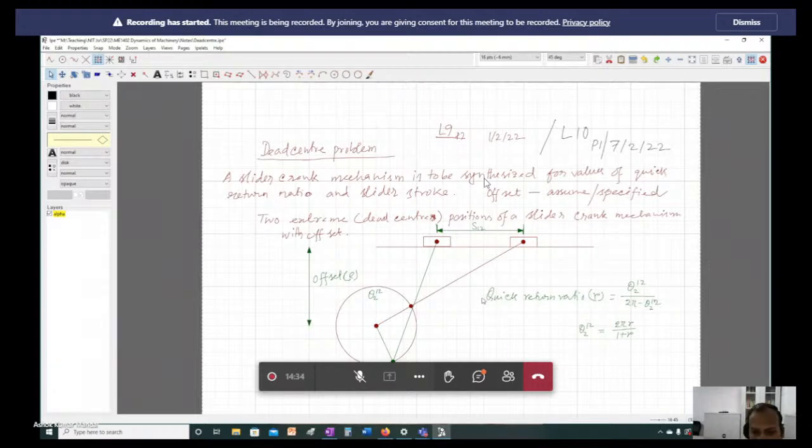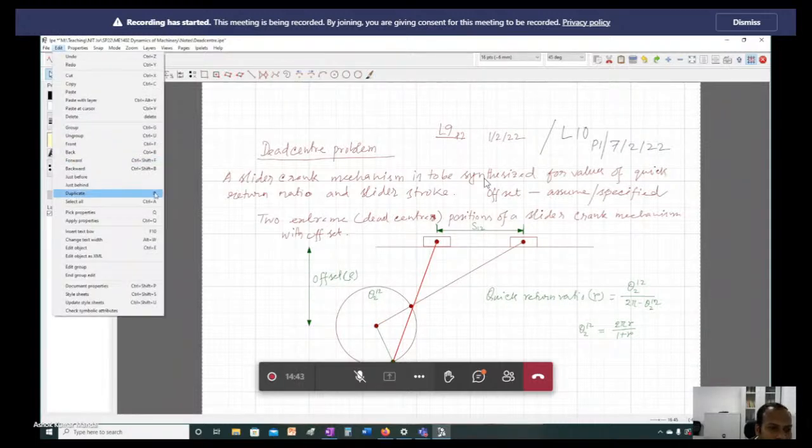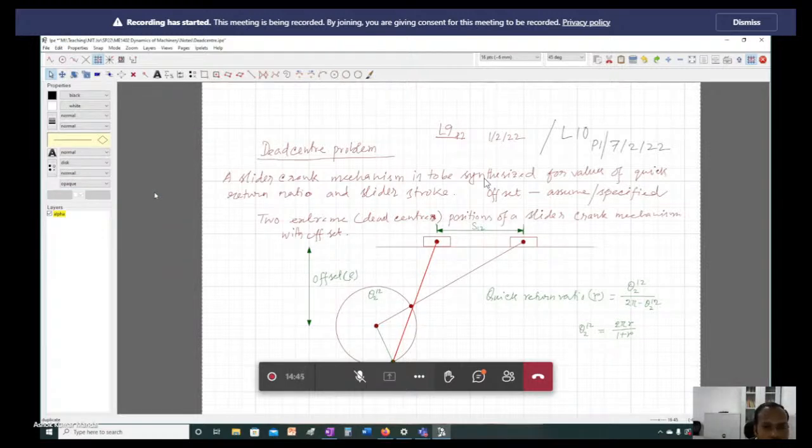Although this is not the way to get the mechanism, it is just to demonstrate how the actual mechanism and its extreme positions look. So we can shift it a little bit.